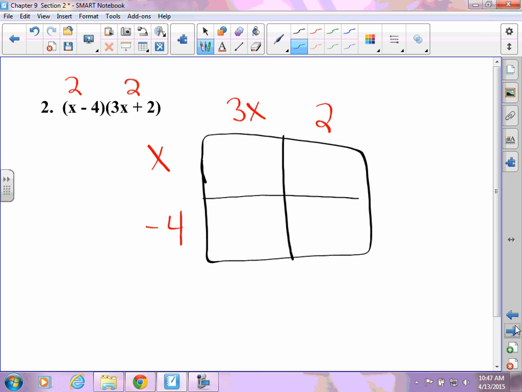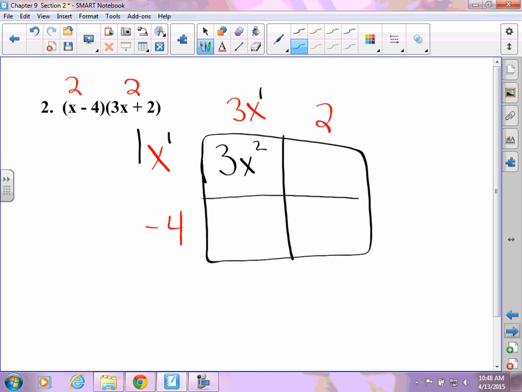Right? So what we're going to do here is notice that what number's in front of the x? It's a 1. So 1 times 3 is 3, and it's x to the second. See that? So 1 times 3 is 3. X to the first times x to the first is x to the second. I add my exponents, remember?